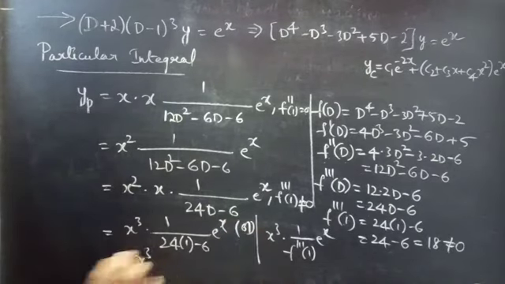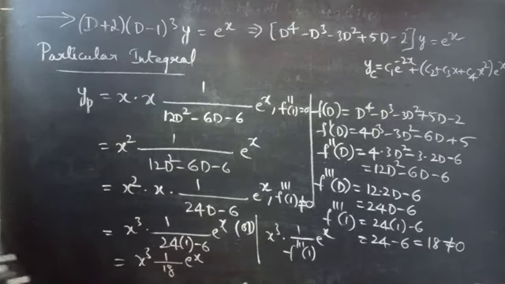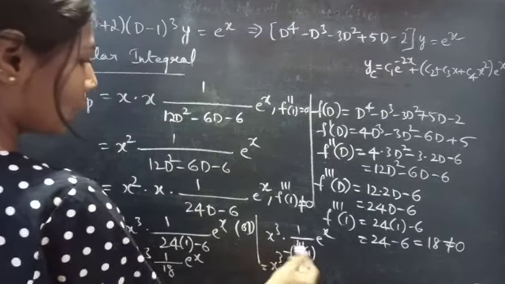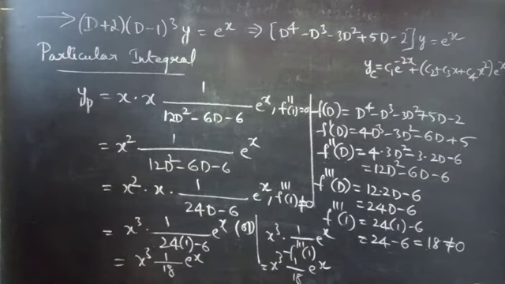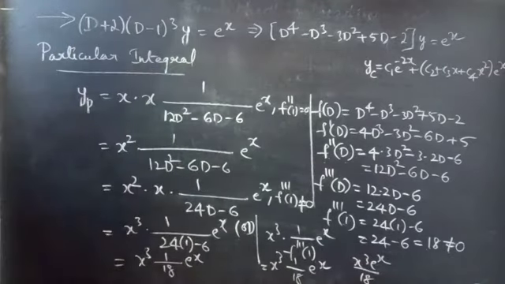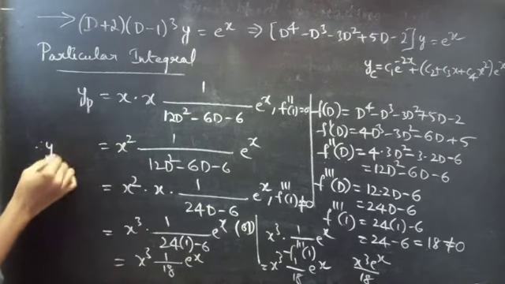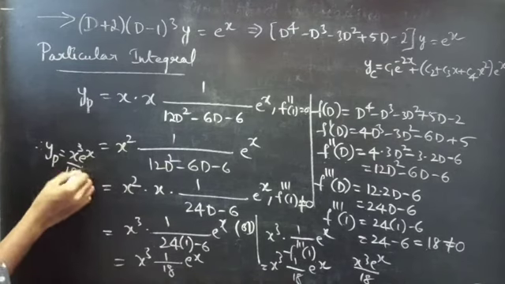You'll get x cube into 1 by 24 minus 6, which is 18, into e power x, or x cube into 1 by f triple dash of 1, whose value is 18, into e power x. So the answer is x cube e power x by 18. Therefore yp equals x cube e power x by 18.